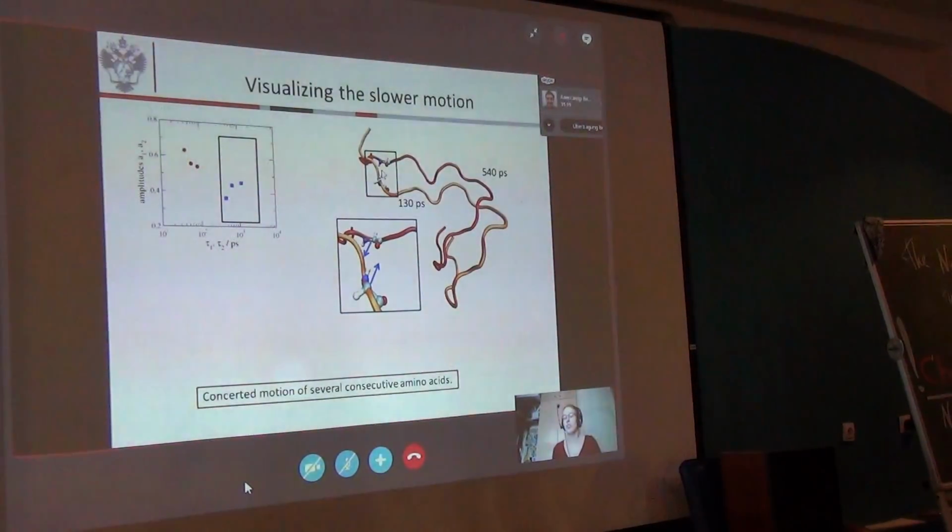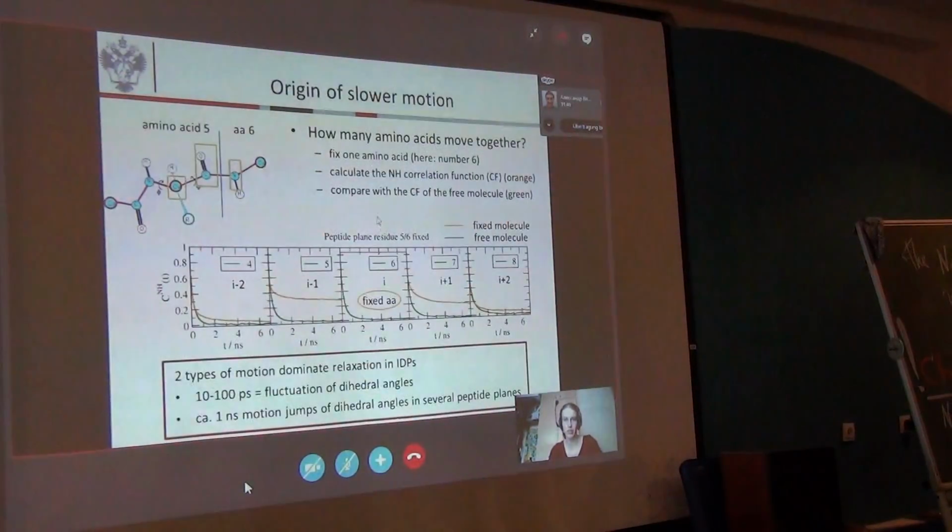Now this is just one example, so it could be just accidental that we see it here, and we wanted to know whether this is true in a statistically relevant way. For that we performed a kind of Gedanken experiment, which I would like to explain on this slide.